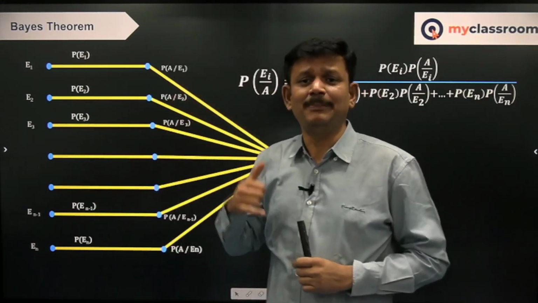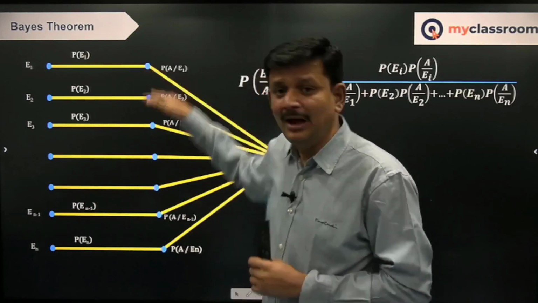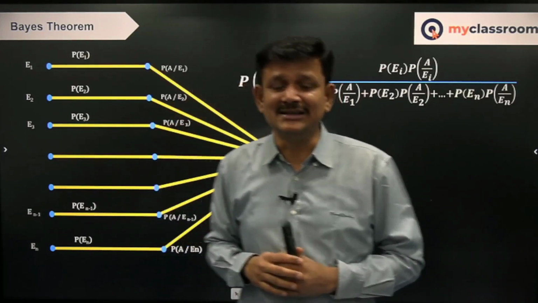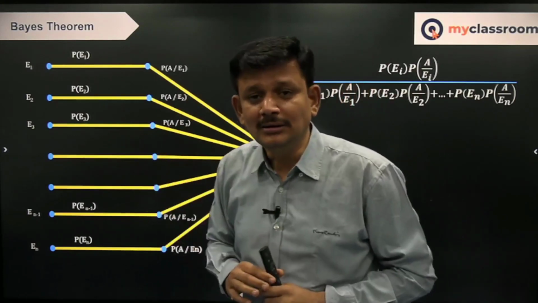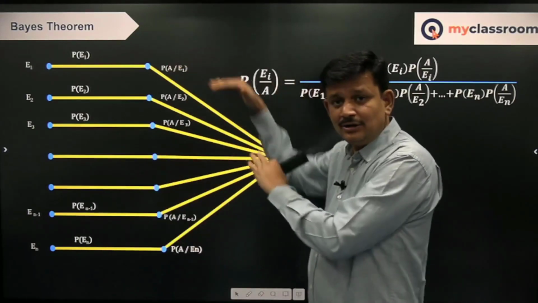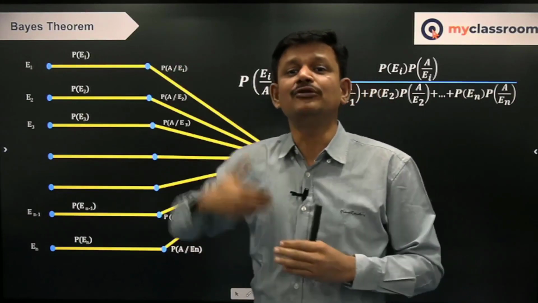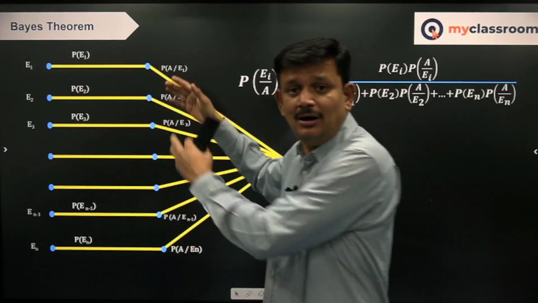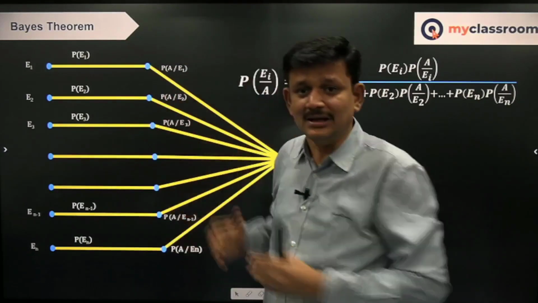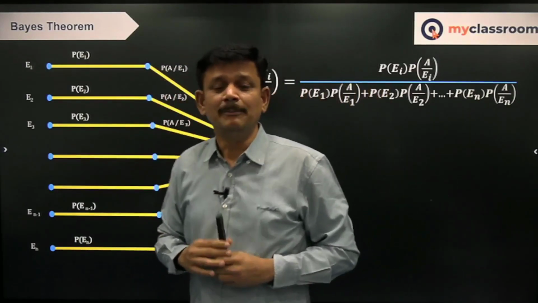Let's say you got a bad news call from him that he met with an accident, and before he communicates something, the call got disconnected and you are unable to connect to him. Now you have to make a guess whether it would have happened on E1 or E2 or E3 or En. Now this is a classic question on Bayes theorem.